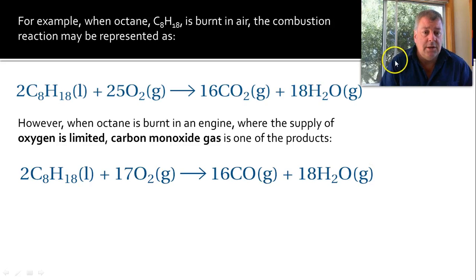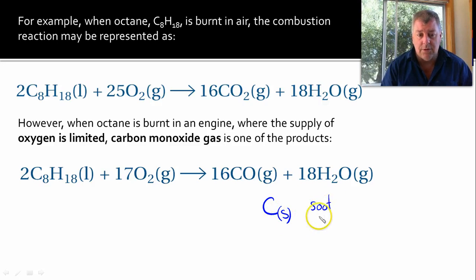Now, I did mention that one other product you might get from inefficient burning is this guy, which is solid carbon, more commonly known as soot. And so you might be given a question where, say, a candle is burning and someone observes that the candle is giving off smoke. What's the equation for that?